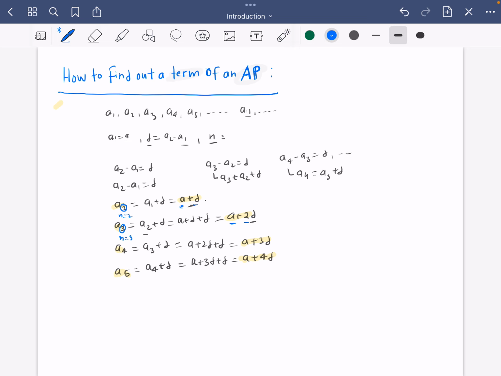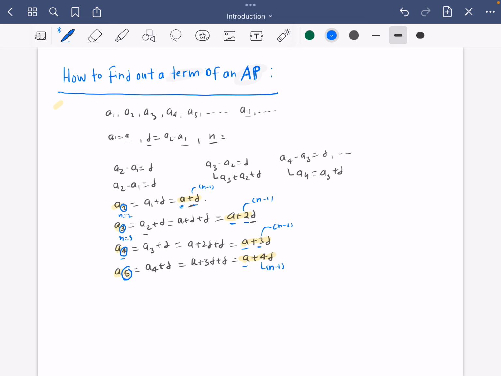When it's 4, then it's A plus 3D. That means it's always one less than this value n. So it seems like it's n minus 1 here: 2 minus 1, 3 minus 1, 4 minus 1. And similarly here it's A plus, with n here 5, 5 minus 1 times D.